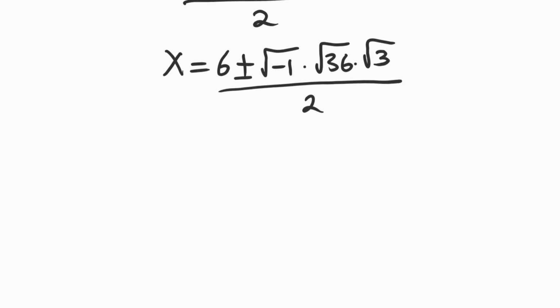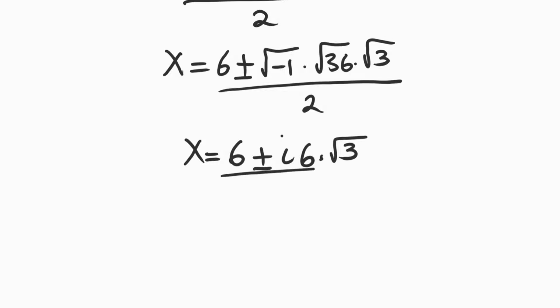Right, so let's proceed. x now is equal to 6 plus or minus i. Root of 36 is 6, because 6 times 6 is 36. 6 squared is 36. Root of 36 is equal to 6. Root 3 divided by 2.